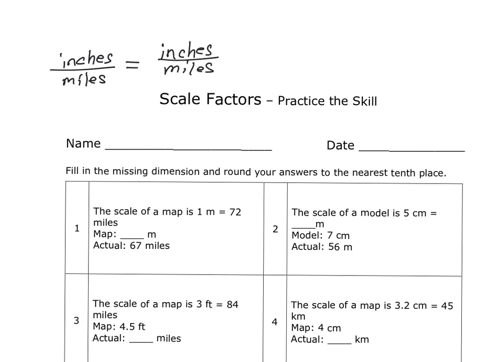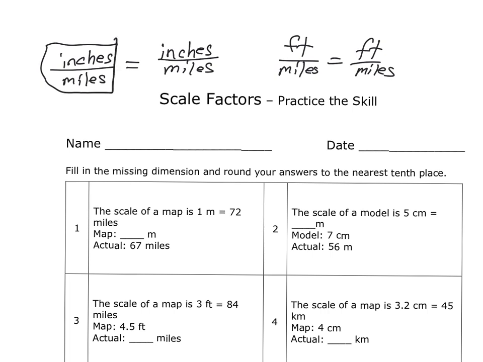If you decide to go feet over miles, then your other fraction should be feet over miles. And the first fraction is always the most information that you get out of the problem.